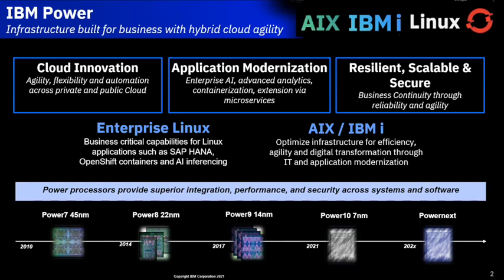I like to start my sessions with this overview to give a picture if you haven't followed our story lately, or haven't quite appreciated the Power business. The Power hardware platform, for many years now, has been a unified hardware platform for our Unix AIX operating system and IBM i operating system, and we've been doing more and more with enterprise Linux to make sure that our platform is relevant for multiple operating systems.